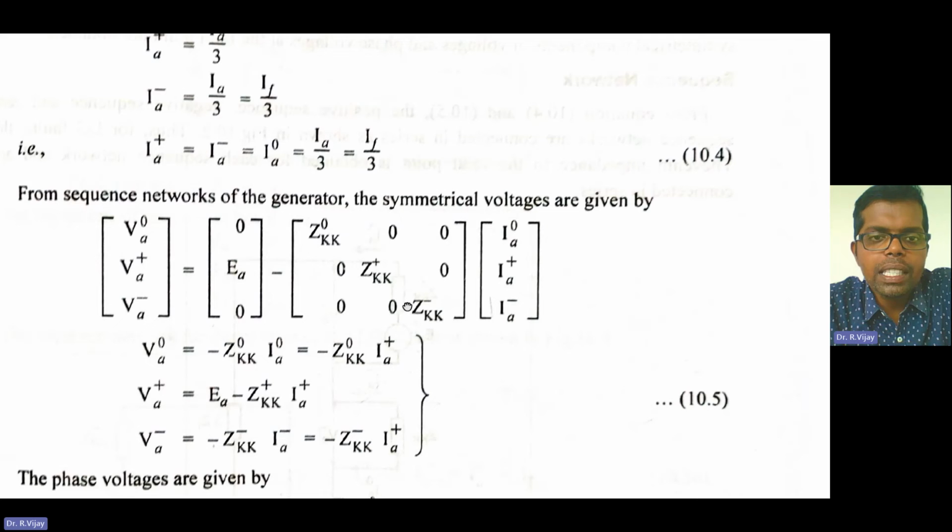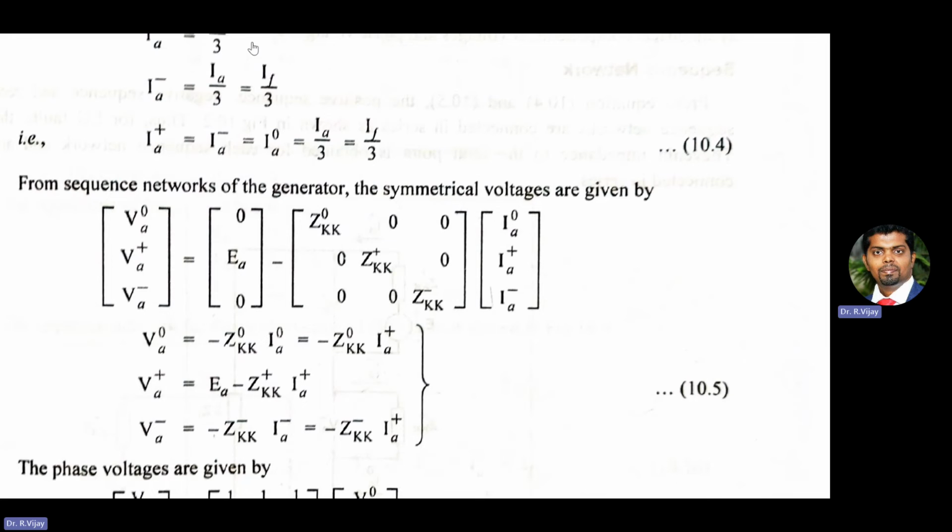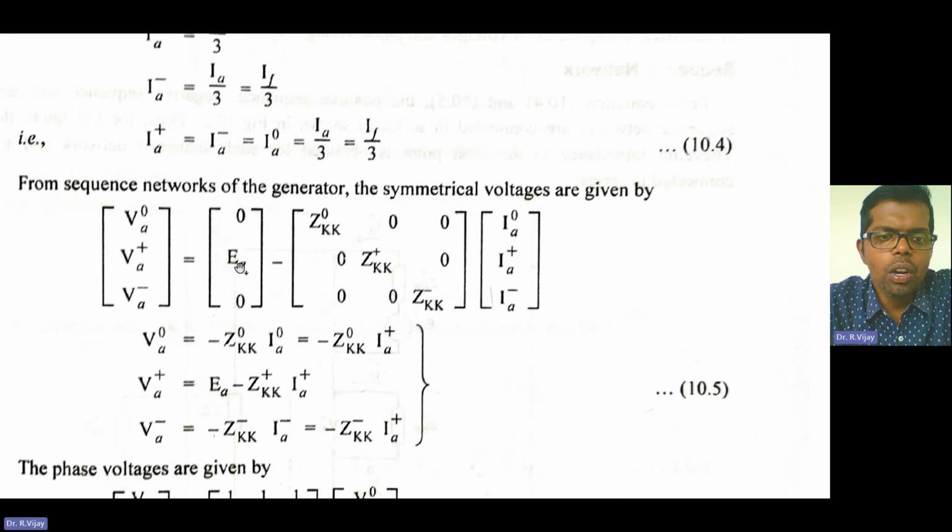From the sequence network of the generator, the symmetrical voltages. First we have seen the currents, now we are seeing what the voltages are. So the voltages VA0, VA positive and VA negative are equal to 0, EA, 0, because the voltage in the zero sequence is 0, the voltage at the positive sequence we are taking as EA, and the voltage at the negative sequence we are taking as 0.